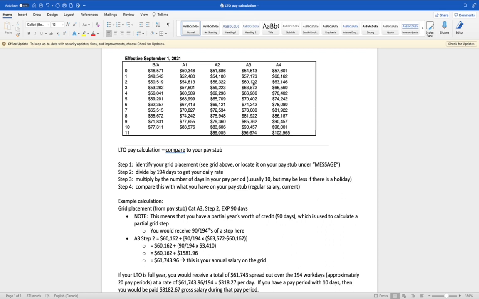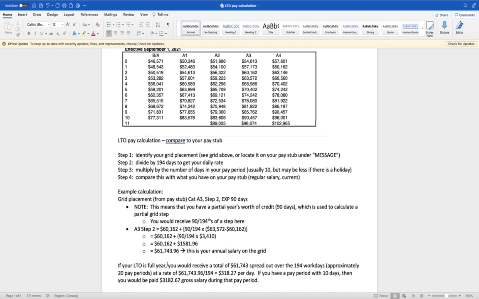We subtract step 2 from step 3 to get the difference of $3,400, multiply it by the fraction of 90 days out of 194 days in the school year to get about 1582. That would be added to the step 2 grid cell at A3 to get a total of $61,743.96. This is how someone at this particular level of experience would have their grid salary calculated.